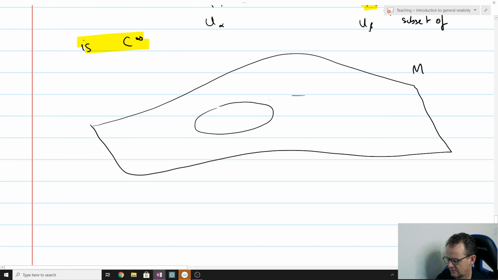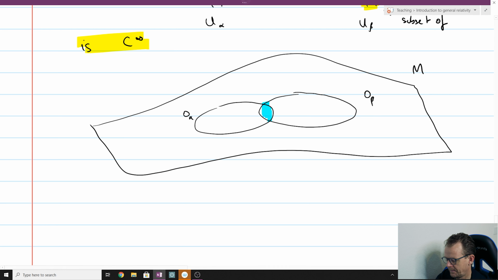Here's now the case where we have two sets, O alpha and O beta. Here O alpha, O beta, they intersect somewhere, right? This blue patch here.